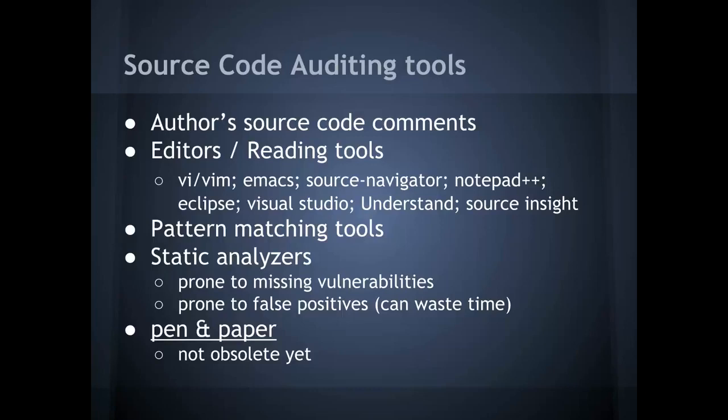But lastly, the tool that I find most useful and people I know find most useful is pen and paper. It is going to be the most useful thing. You don't want to edit source code when you are auditing it. That's usually a no-no.